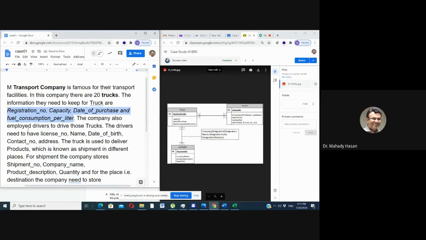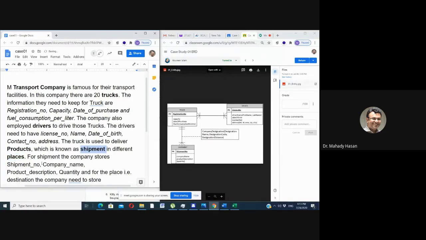The company also employs drivers to drive those trucks. The driver needs to have license number, date of birth, contract address. So these are additional attributes of the driver. The truck is used to deliver products. So product could be an entity, which is known as shipment in different places.